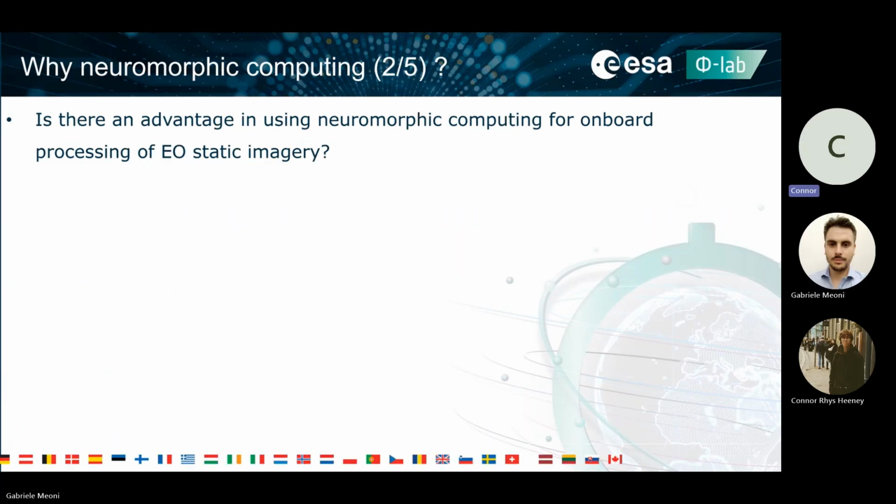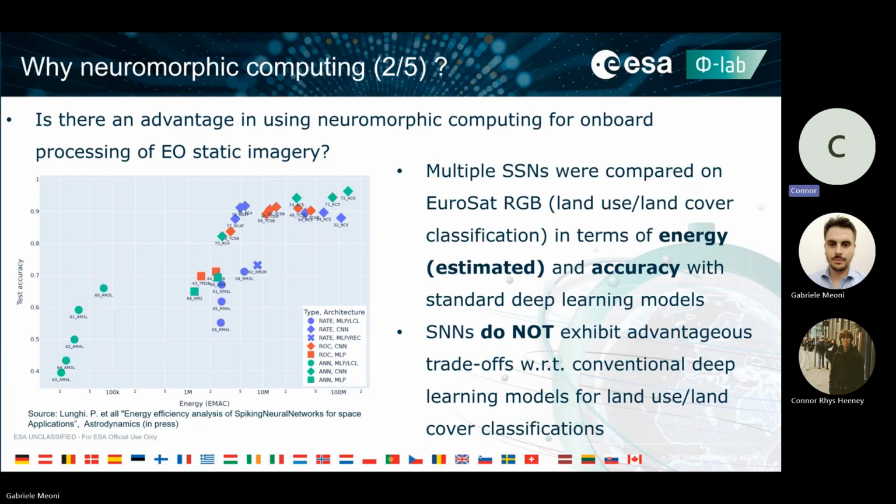But we conducted 2 parallel studies on this, together with the advanced concepts team, and to be honest, we didn't find anything interesting here. At least what we found is that with the algorithms that we have nowadays, there's no real advantage in terms of energy. It doesn't mean there might not be in the future, but at the moment, accuracy is lower, and the energy efficiency is not that great for a comparable accuracy.